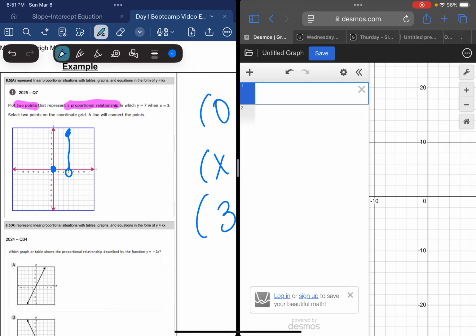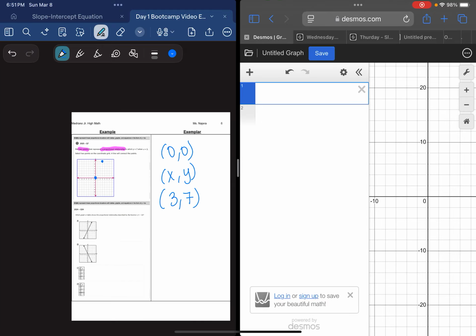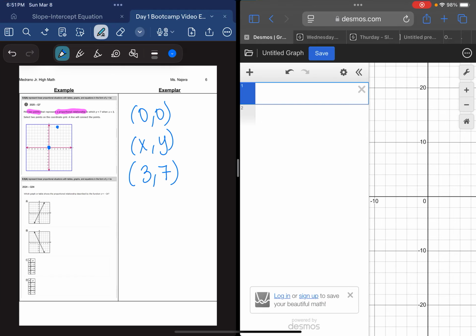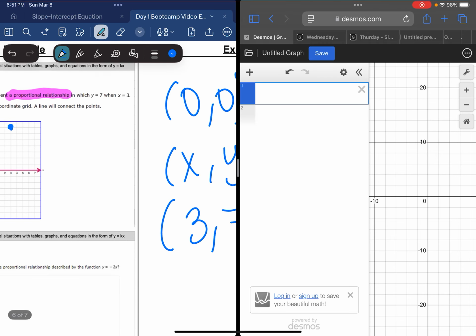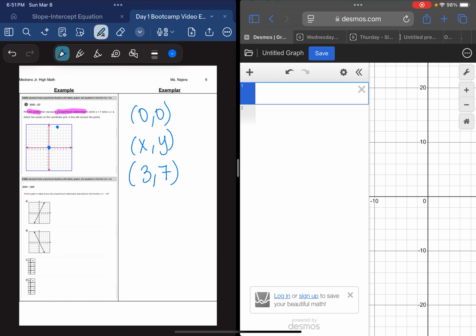And that would be my point there. 3, 7. Those are my 2 points that I'm going to plot. So this question just needs you to know that proportional means that you have a point on 0, 0, and then that you are able to plot the point that they give you.